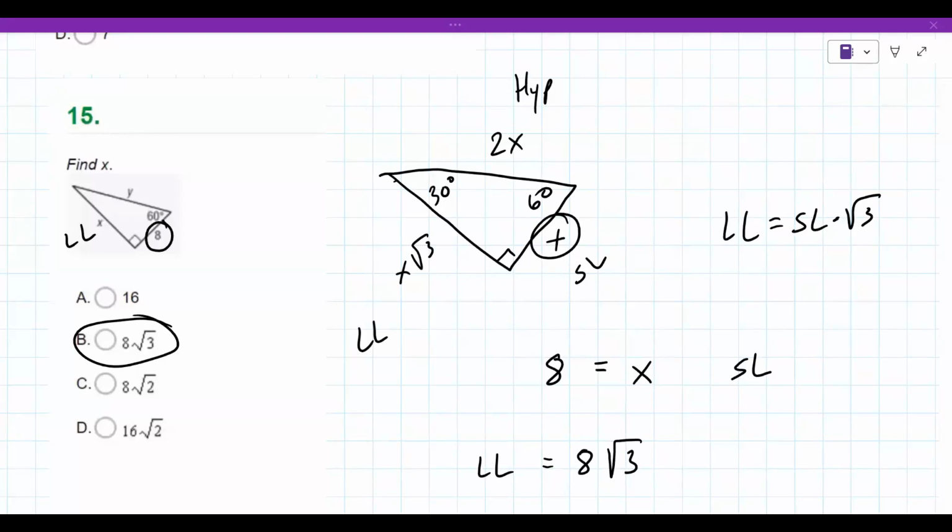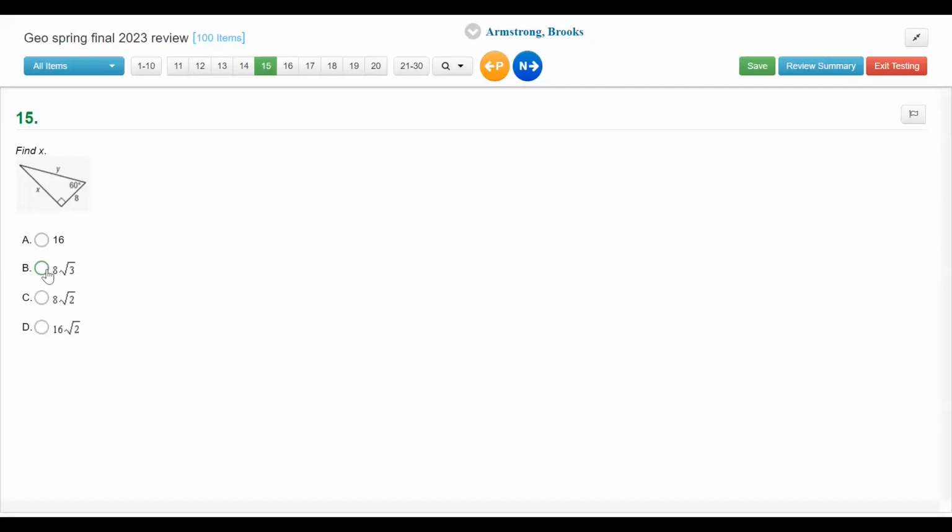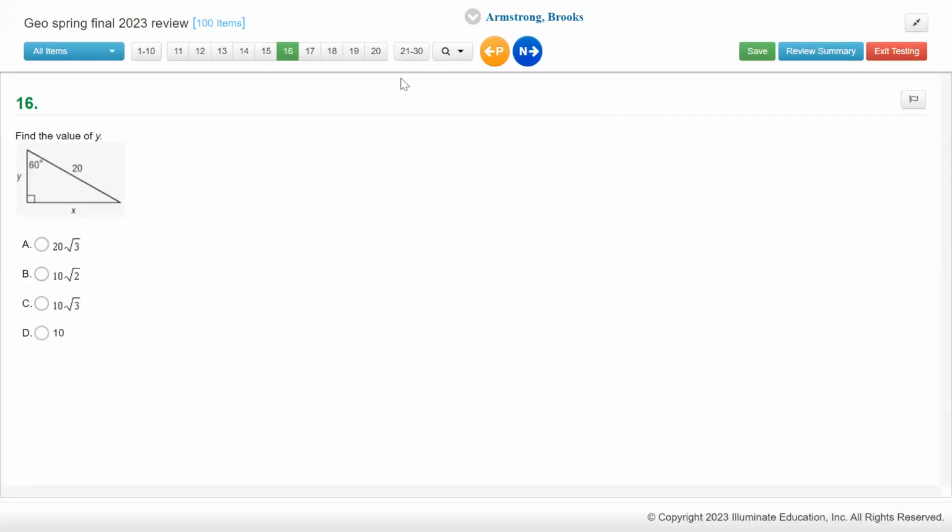Hopefully we get something really similar to look at on the next problem to help make this clear. There you go. Everything okay there? Looks like it. Oh, there it is. Okay. All right.